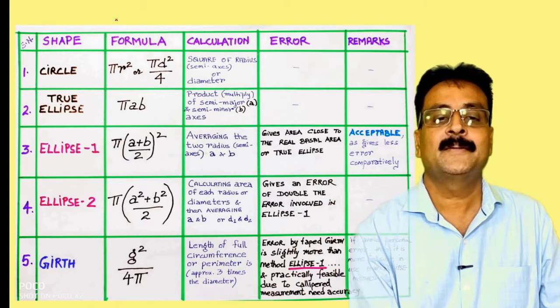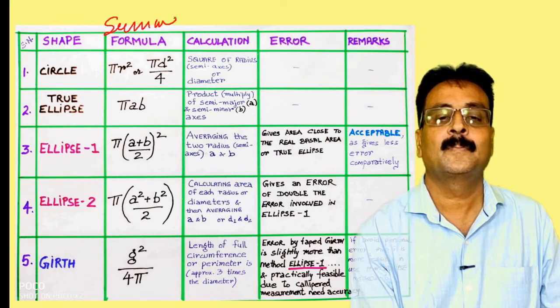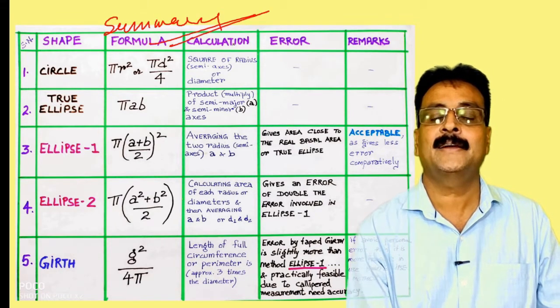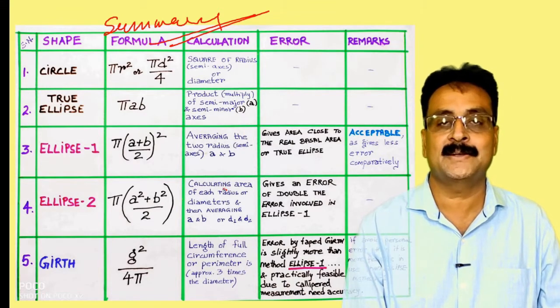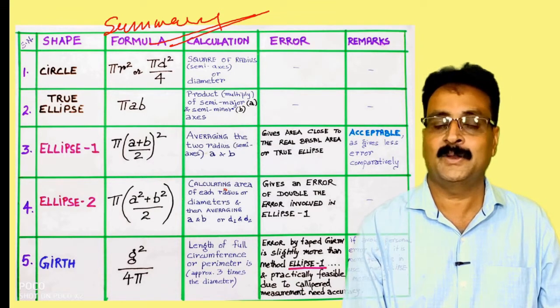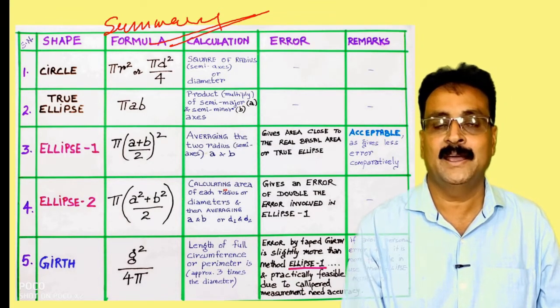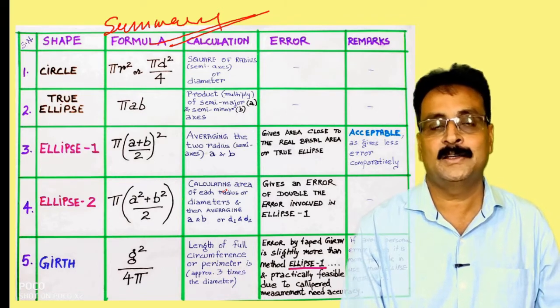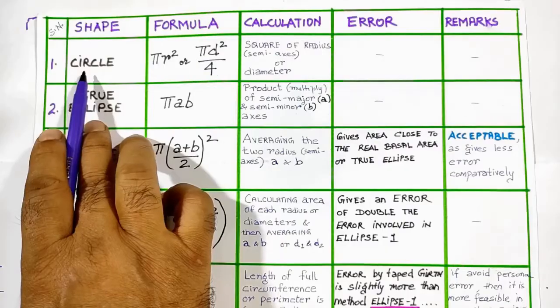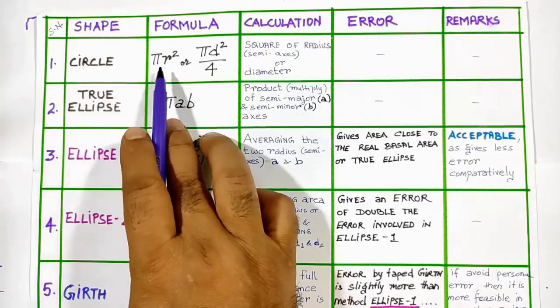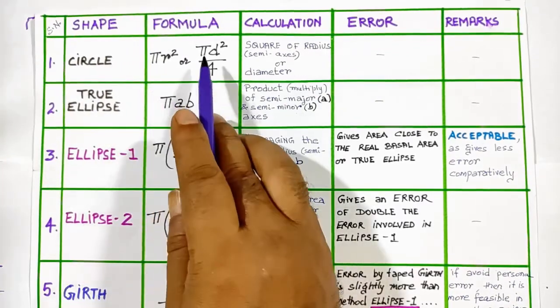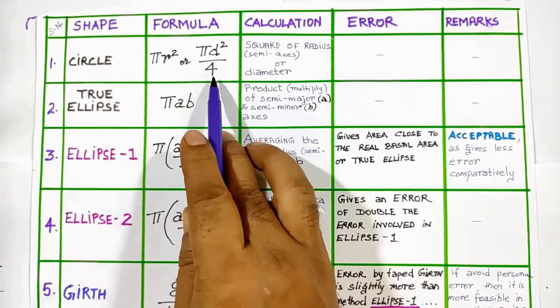So this is a summary of the entire calculations, to understand where the error is very small, which is more handy, and which formula is better to use in forestry. When it is a circle, the formula is pi r square or pi d square by 4.